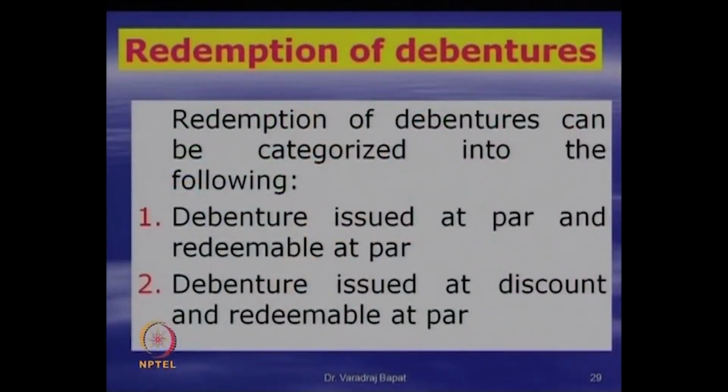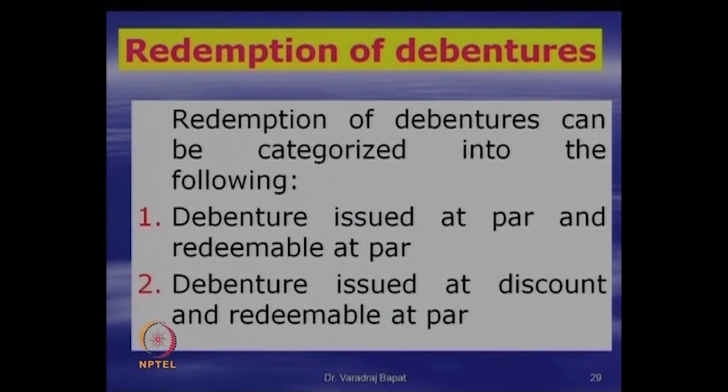Okay, let us go to the next one, the redemption of debenture entries. Now, the redemption of debentures can be categorized into different types. First one, debenture issued at par and redeemed also at par. A simple case. So, 100 rupees issued, 100 rupees redeemed. Second, it is issued at a discount and redeemed at par.